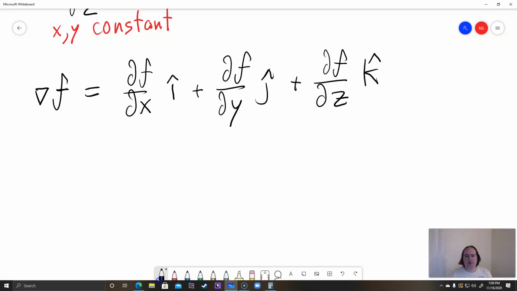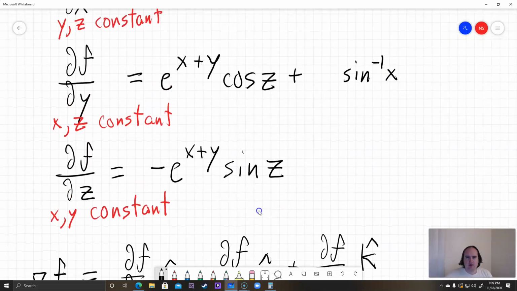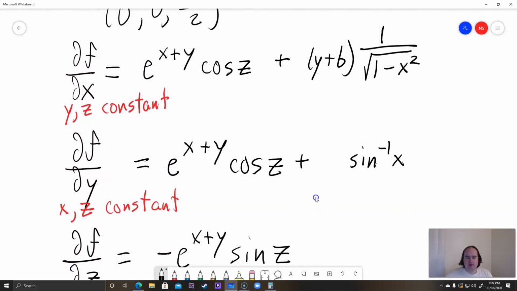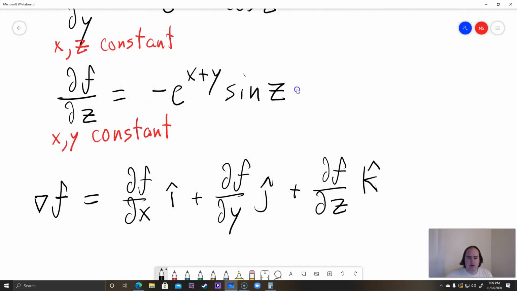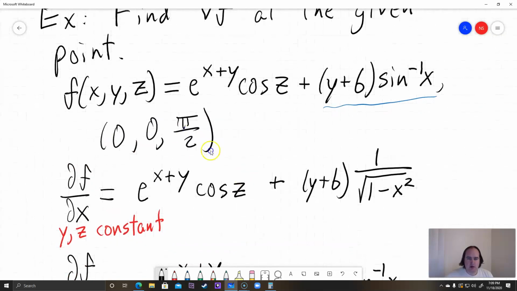So three components. And we know partial f partial x, partial f partial y, and partial f partial z. But before we plug all these in, we actually want to evaluate each of the derivatives at the point they gave us. And the point that they gave us here was 0, 0, pi over 2.